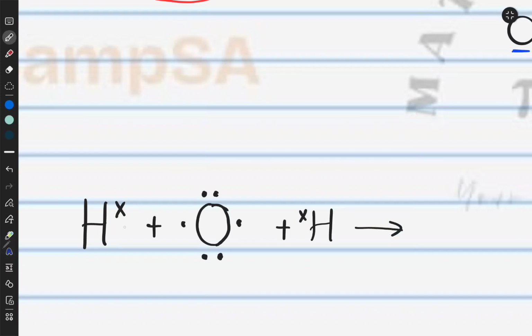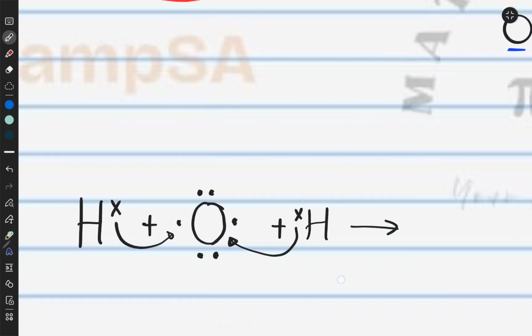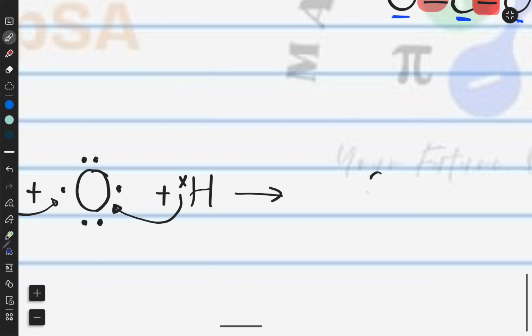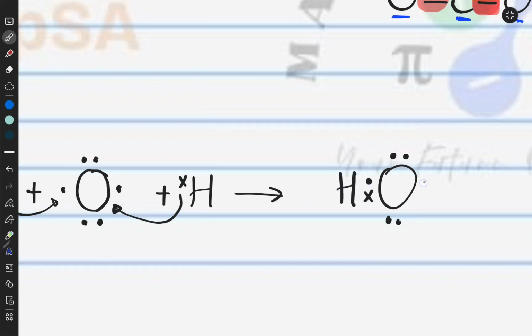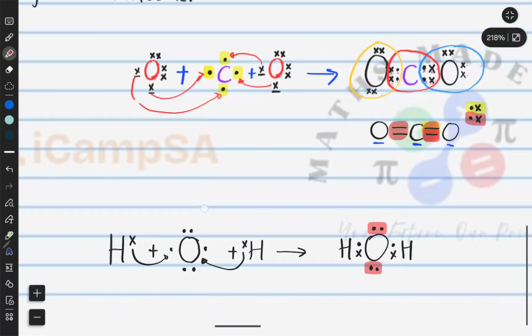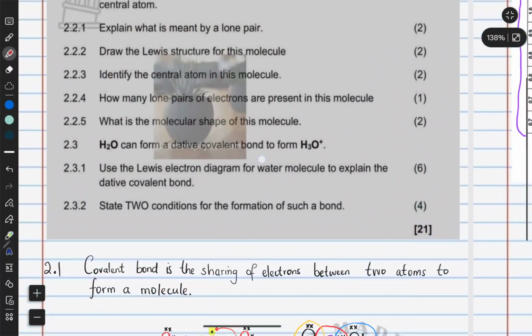Then this would give us, because this would go there, that would go there, and then we would have something like this. O, and then it's bonding with hydrogen there, bonding with hydrogen there. So you see, the one that has a central atom with lone pairs is water. It even has 2 lone pairs. All right, so we know for sure it has to be water.